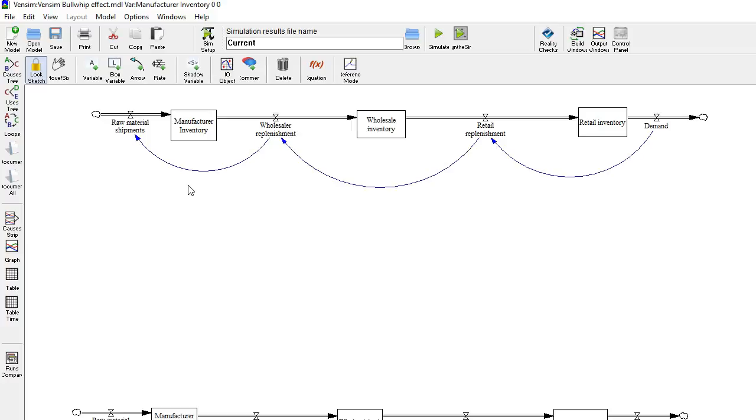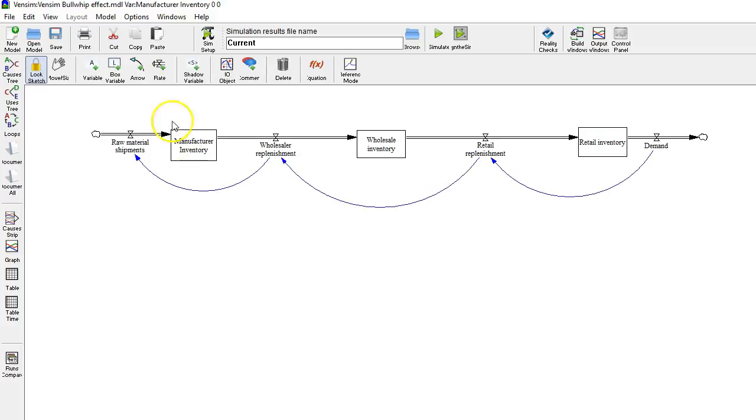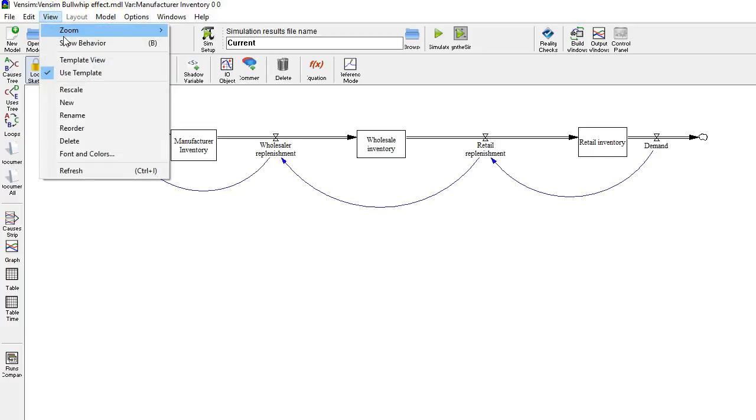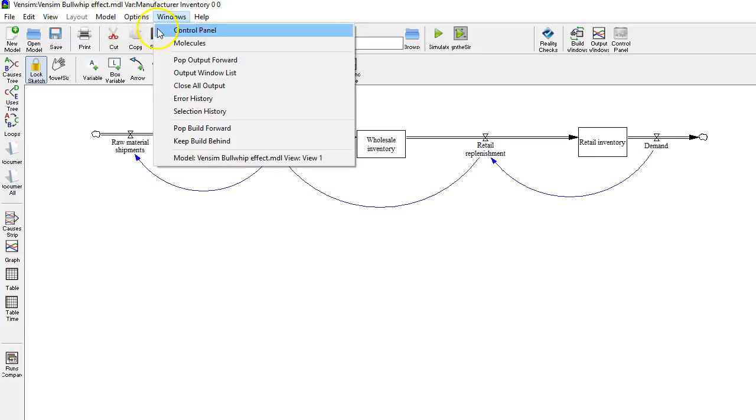As you can see, I'm going to zoom in so you can have it more clear.